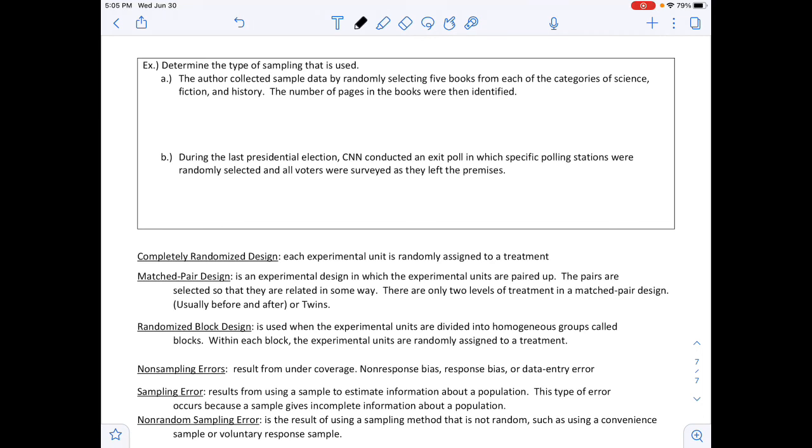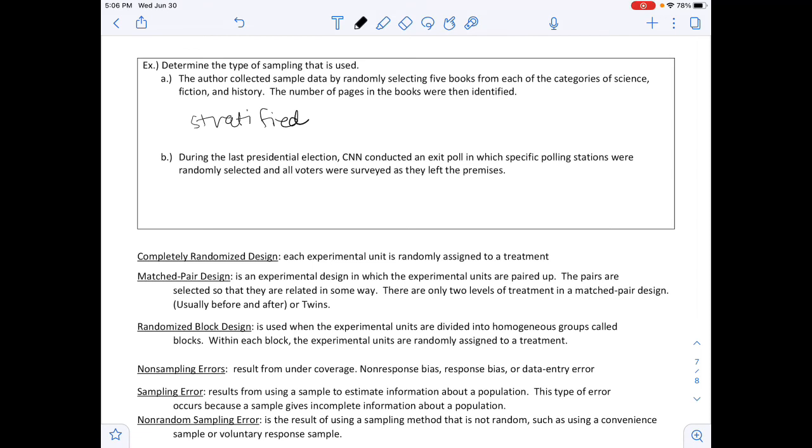And it also says sample data by randomly selecting 5 books from each of the categories. So it breaks them into these groups and then selects a little bit, or 5, from each category. And so because of this, we have a stratified sampling method.